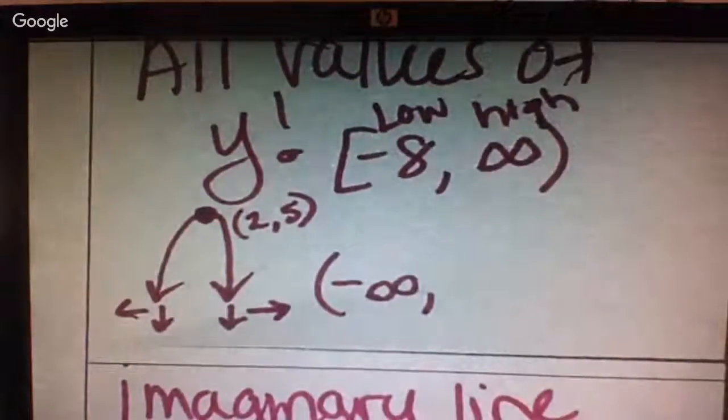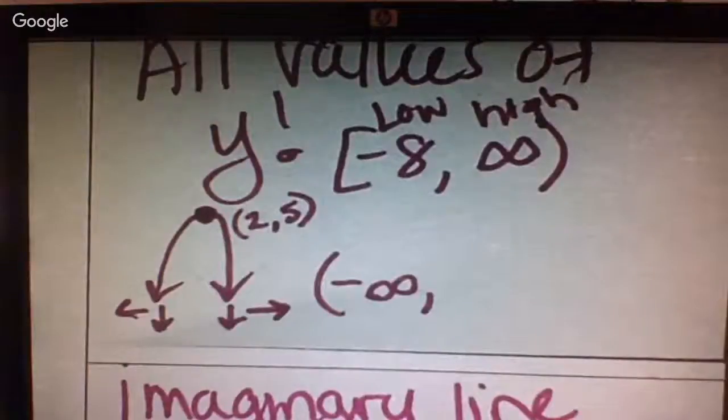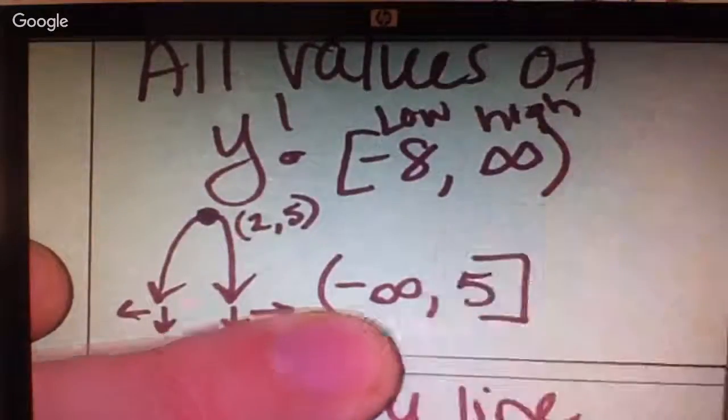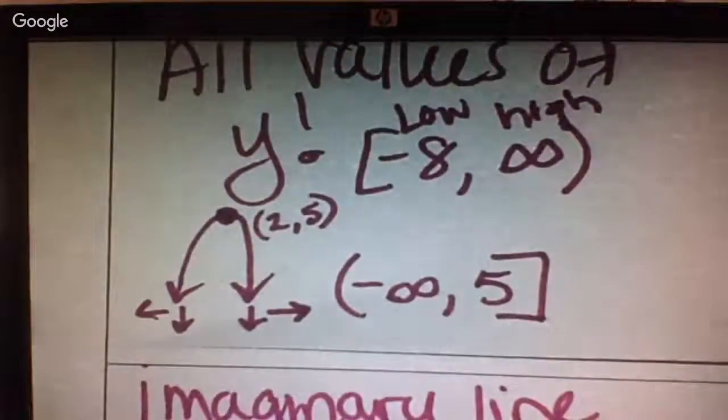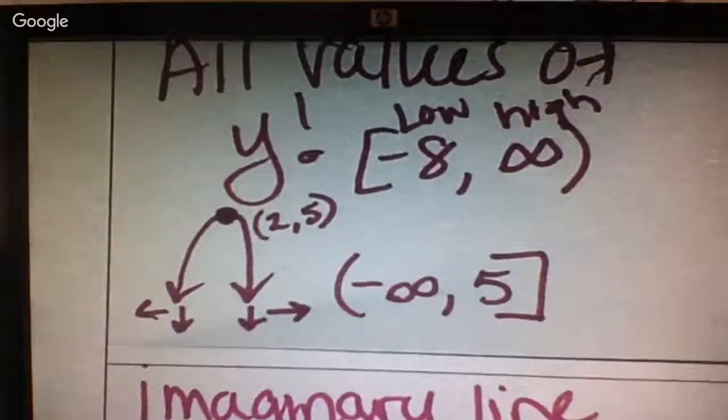And how high does it go? 5. So depending on how your graph is facing, up or down, will depend on how your range will be. It's either going from a number and up or from a low up to a number.